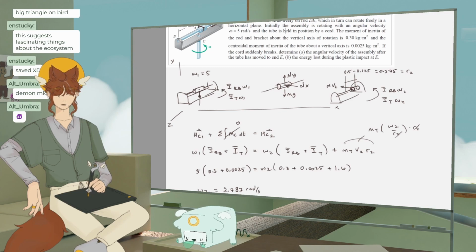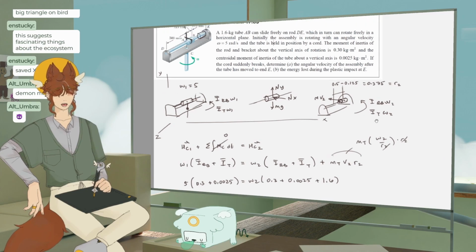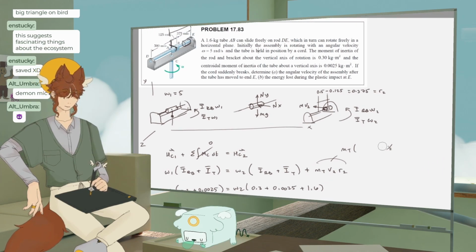Okay, so see, they did it in a smart way. Oh, did I miss a squared somewhere? Oh, no. Wait. V equals omega R, not omega over R. Oh, I'm goofy.